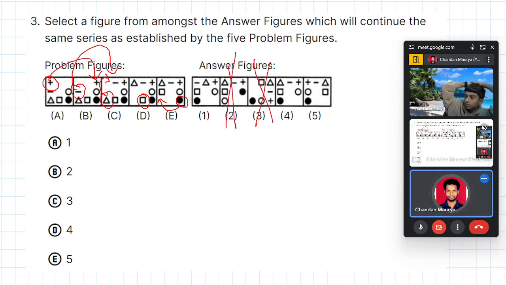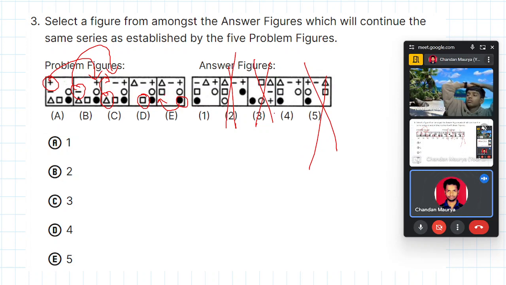This is also wrong. They have not changed the position. Plus is at the same position, so fifth is also wrong. Now I'm confused between first and fourth.